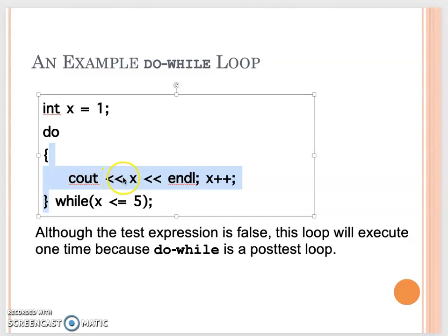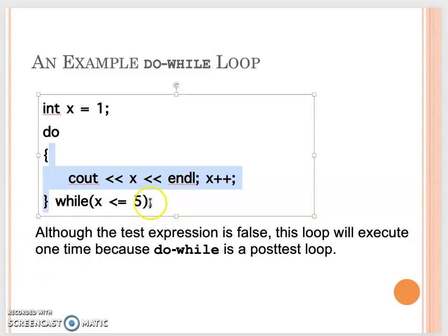Then 2 increments, so 3 is less than 5, so I come back and display 3, and it becomes 4. 4 is less than 5, good, I continue. I display 4, then it becomes 5. 5 is equal to 5, so I come back, display 5, and after I increment, it becomes 6. Since this while condition is now false, I finish.